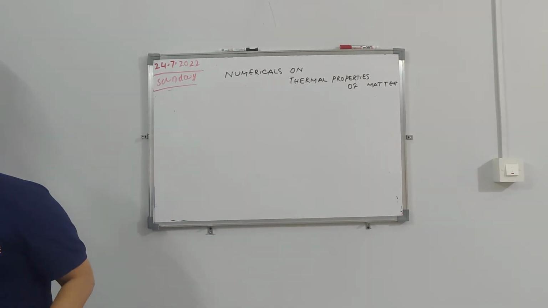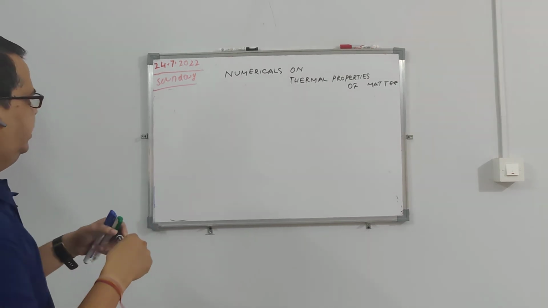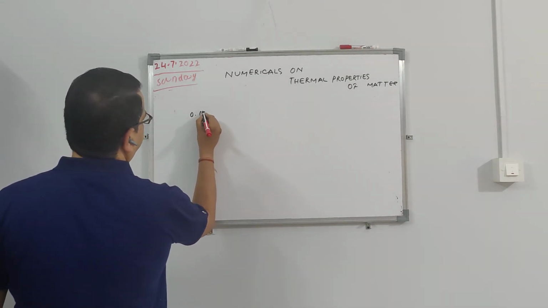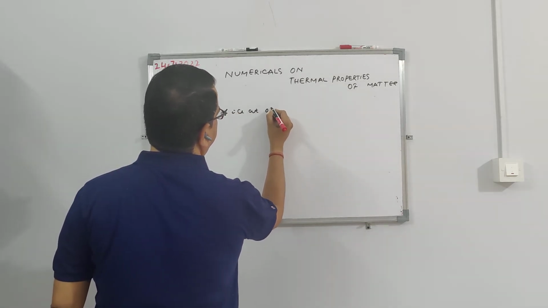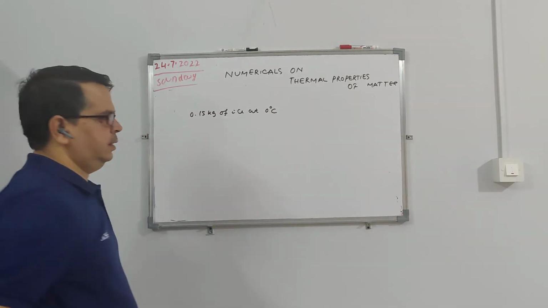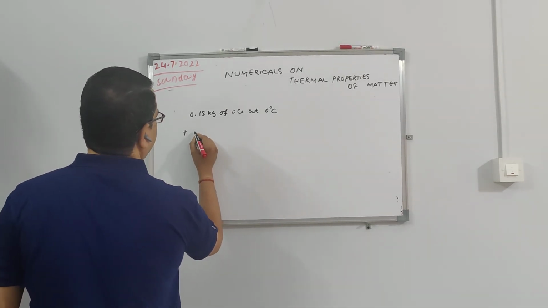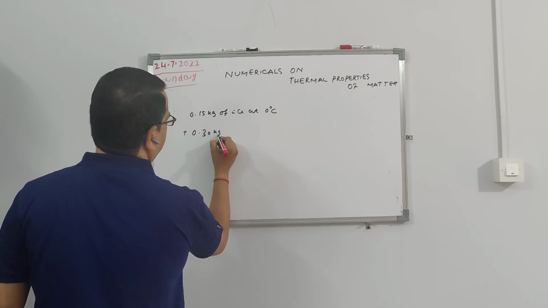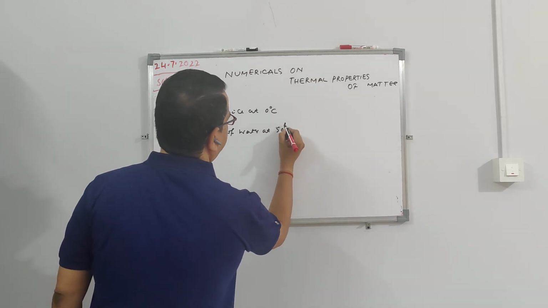The numerical is like this: 0.15 kg of ice at 0 degree centigrade is mixed with 0.30 kg of water at 50 degree centigrade.